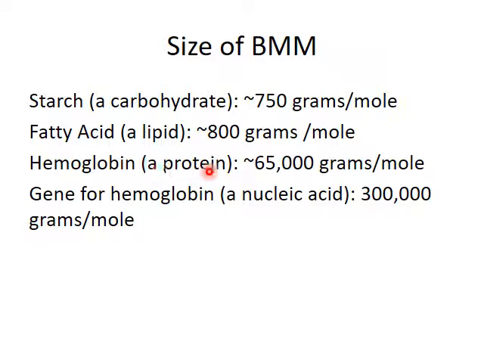And then you've got hemoglobin, which is a protein. It's 65,000 grams per mole, which is about 3,500 times bigger than water. So hemoglobin is like the size of 3,500 water molecules.